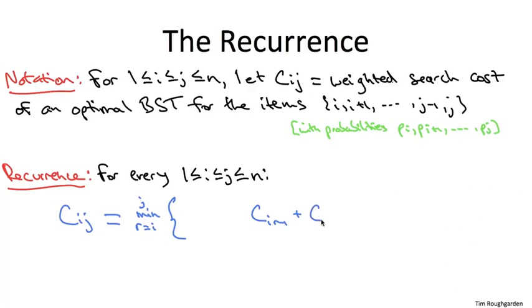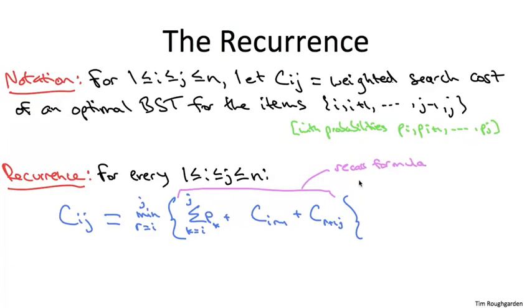And if you go back to our proof of the optimal substructure lemma, you'll see we did a calculation which gives us a formula for how the weighted search cost of a tree depends on that of its subtrees. And in addition to the weighted search cost contributed by each of the 2 search trees, we pick up a constant, namely the sum of all of the probabilities in the items we're working with. So here that's the sum of p_k, where k ranges from the first item in this subproblem i to the last item in this subproblem j.